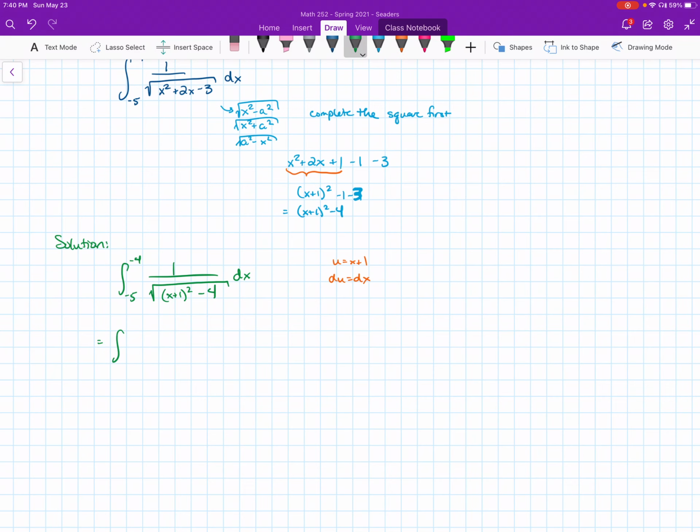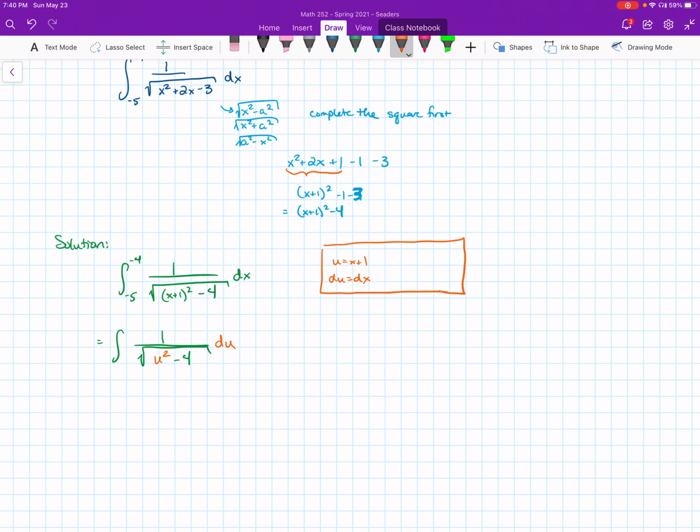That's a nice u substitution. So I get the integral of 1 over the square root. Now instead of x plus 1 squared, I get u squared, still minus 4, and dx can be replaced with du. Now it looks exactly like I would want for a trig substitution. I don't want to come back and deal with the limits, so I'm going to change my limits right now.